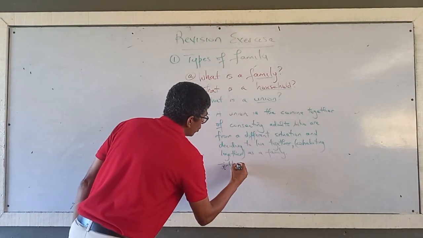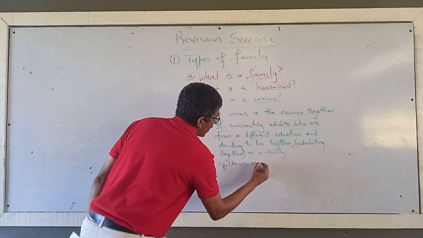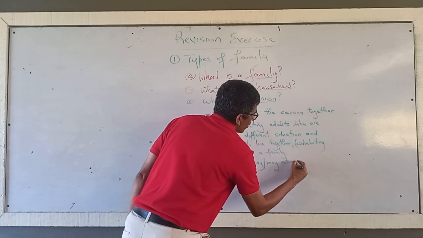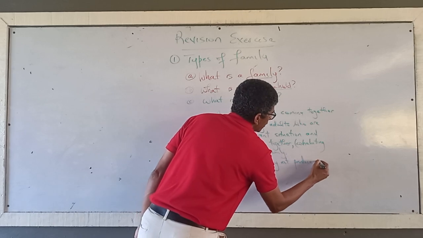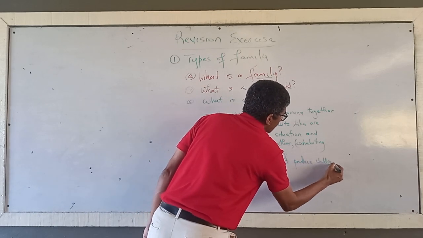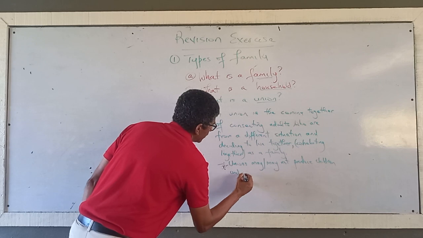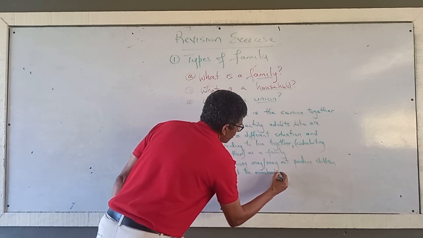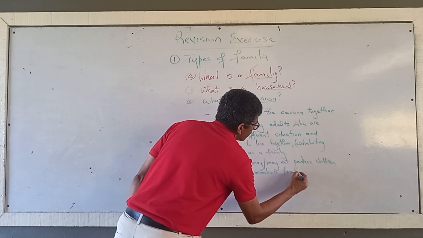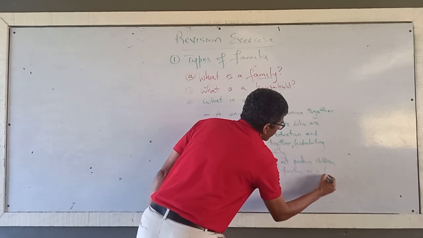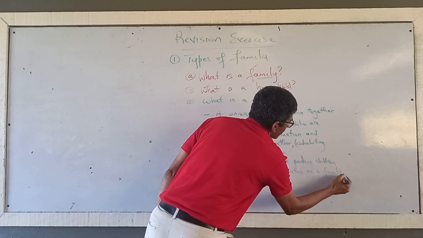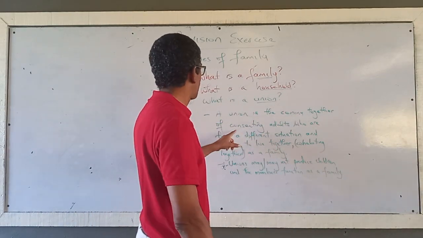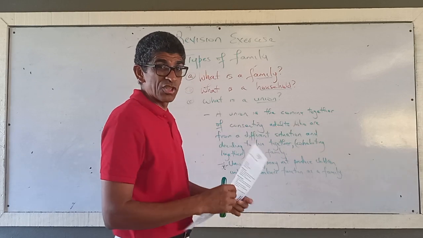Alright, now unions may or may not produce children, and the members function as a family. Alright, so let's run that again. A union is the coming together of consenting adults.